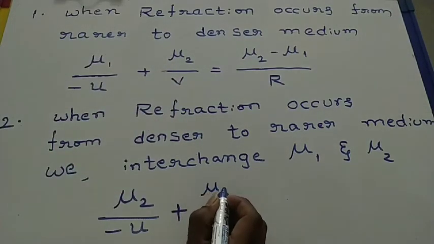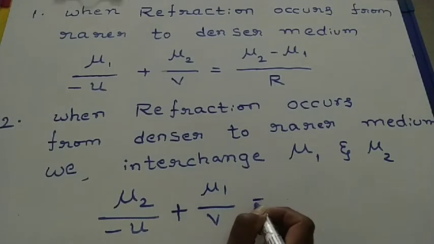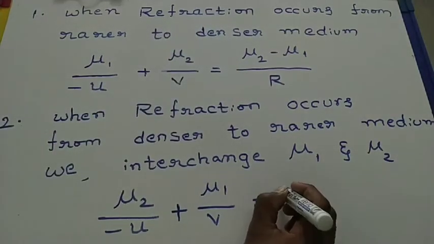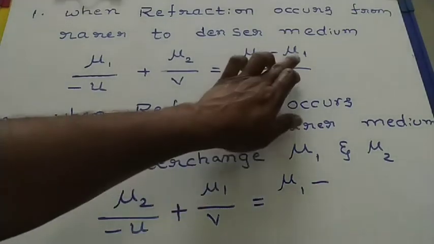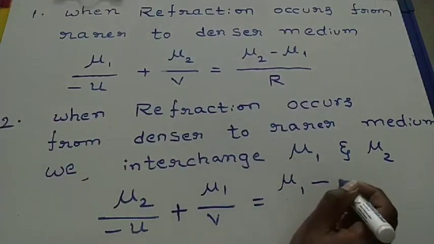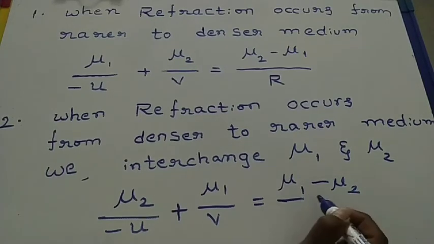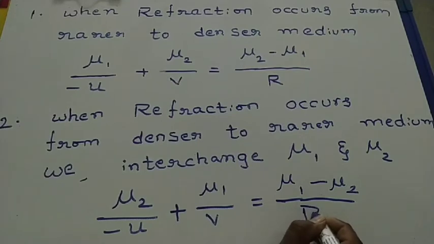Mu1 by v is equal to, what is mu2 here? Mu1 minus, what is mu1 here? Becomes as mu2 whole by r. Okay?